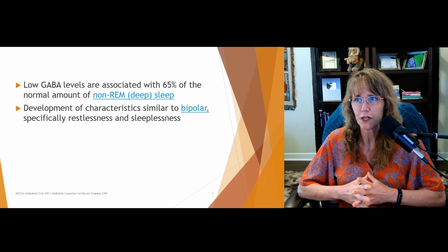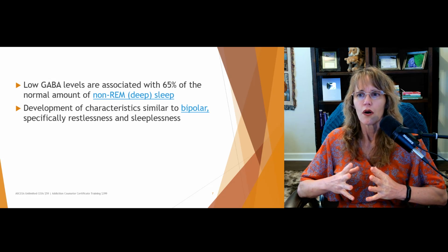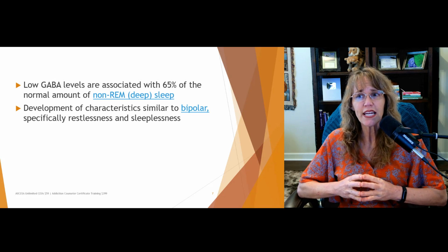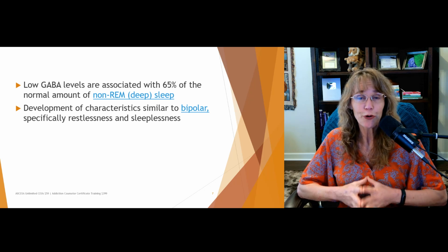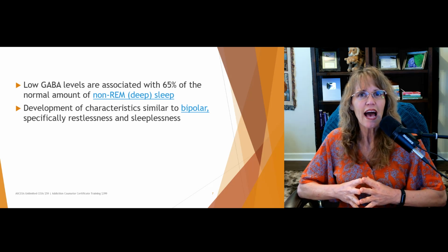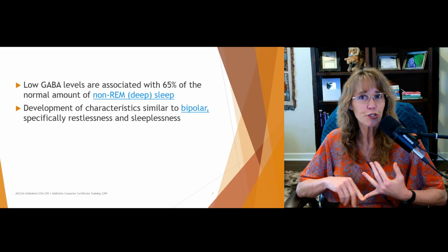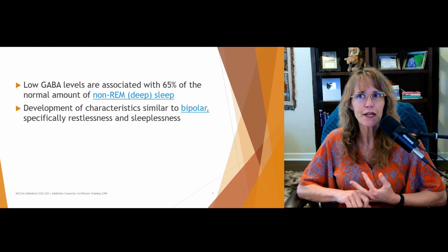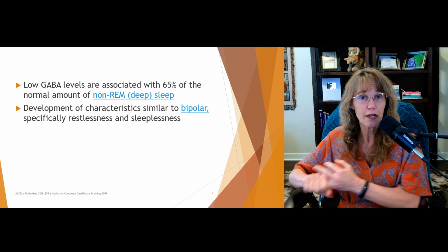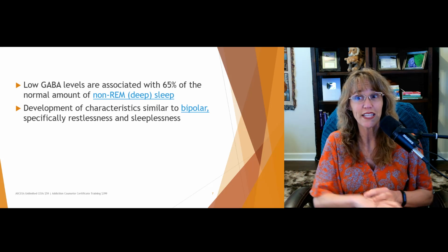We also know that people who don't get enough deep sleep, who don't get enough quality sleep, have more difficulty controlling intrusive thoughts and managing their emotions, managing emotional regulation.